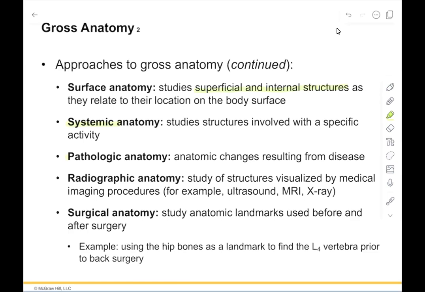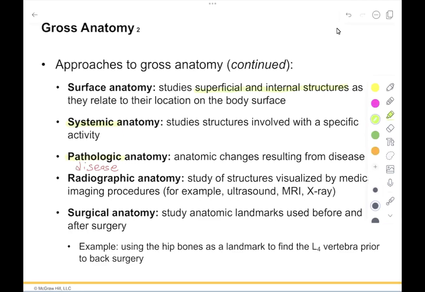Pathological anatomy is very interesting. Pathological anatomy tends to look at anatomy that is associated with disease. So the word pathology actually means disease.